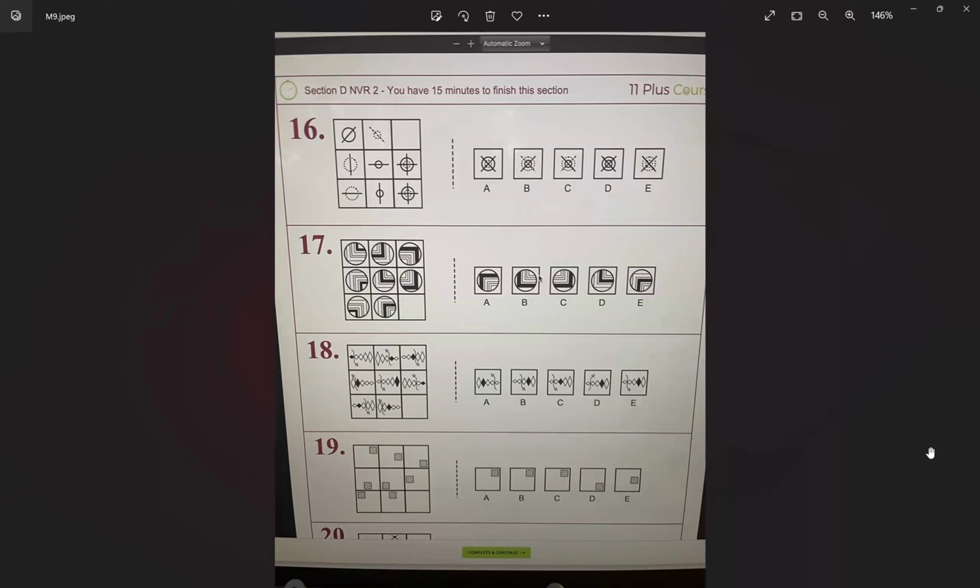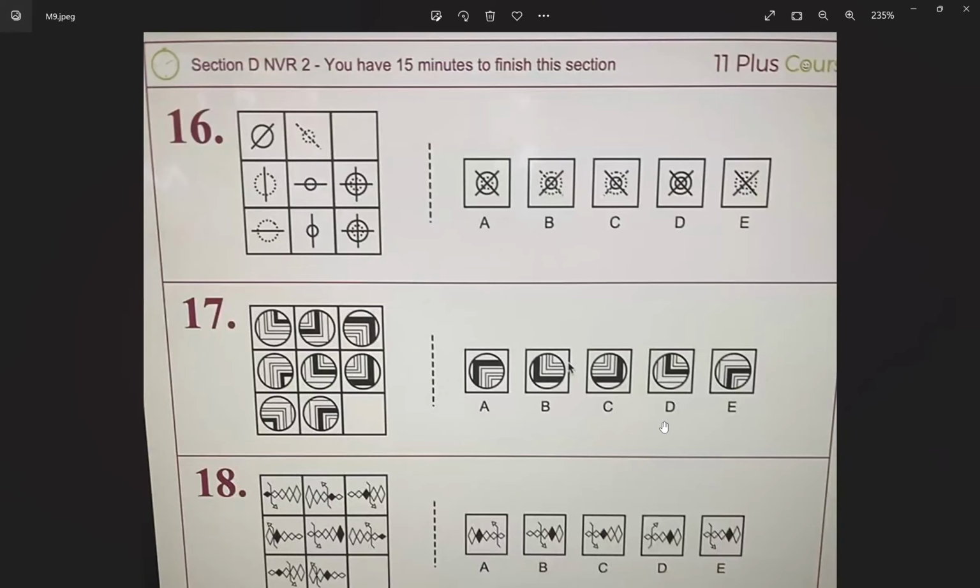So if I would have to pick the most challenging one, I would say, so not 19, not 18, maybe 17. Okay, let's do question number 17.